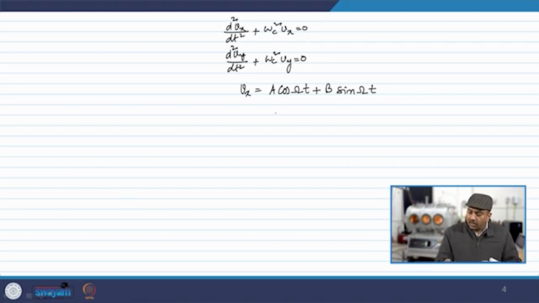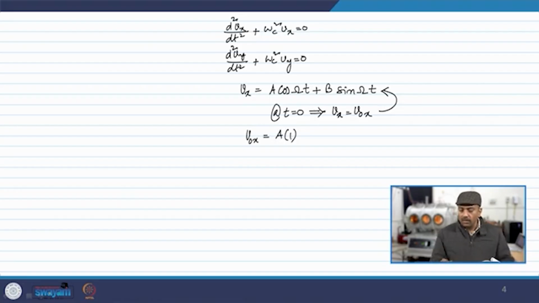Let us say at t equal to 0, at the beginning of this picture, we take the velocity Vx to be equal to V0x. When we substitute t equal to 0 into this, we will get V0x is a times 1, cos of 0 is 1, plus b into 0.